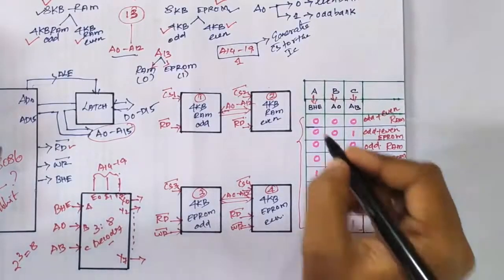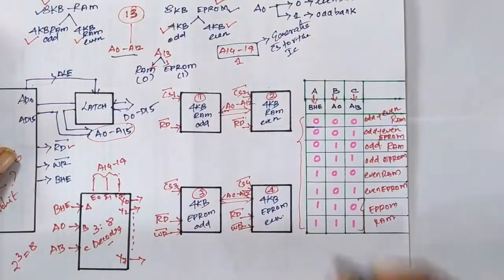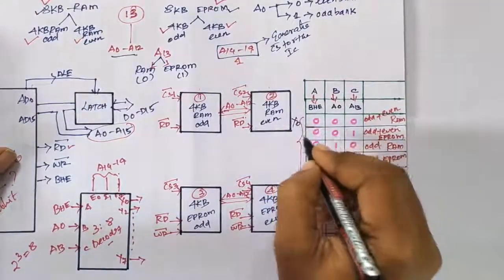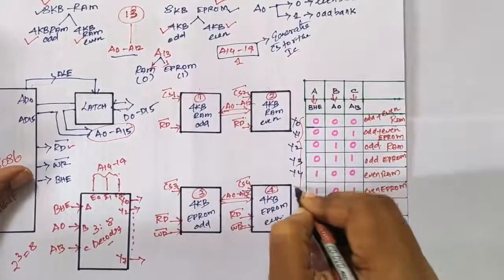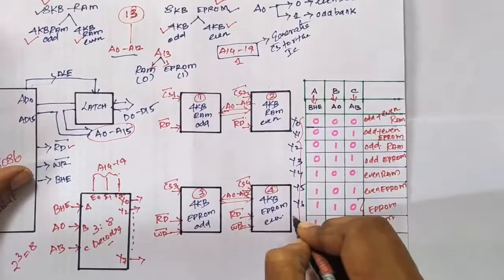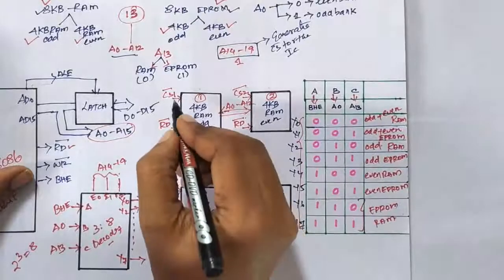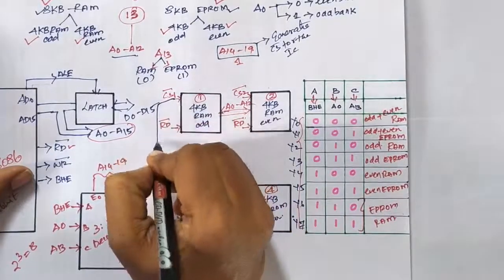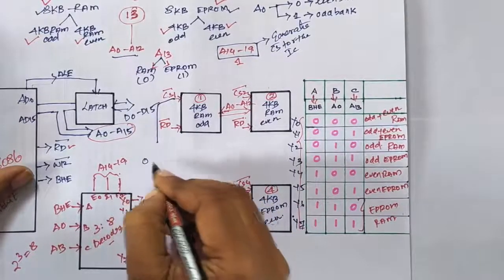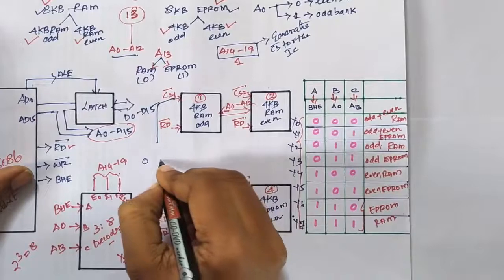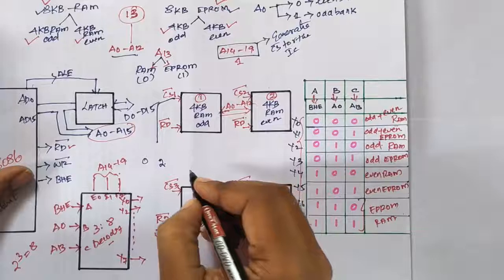While connecting to the output side, 000 means my output is Y0. Then Y1, Y2, Y3, Y4, Y5, Y6, and the last one is Y7. To activate the odd bank memory, we need to connect outputs 0 and 2 from the 3:8 decoder.